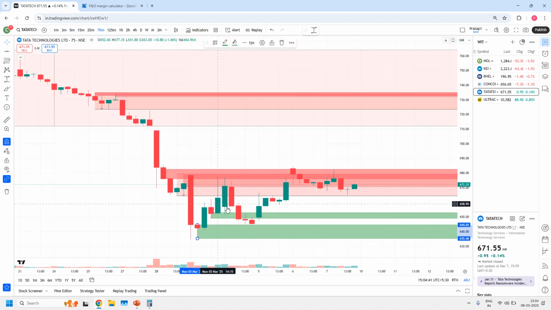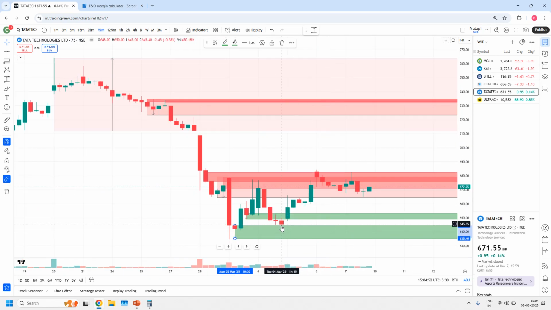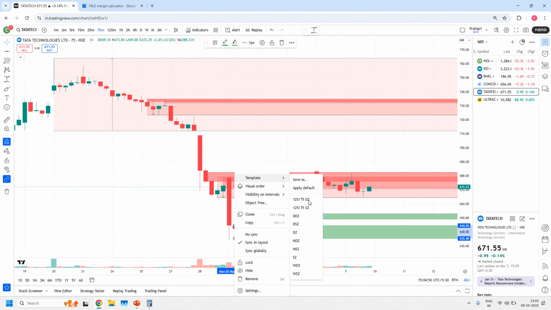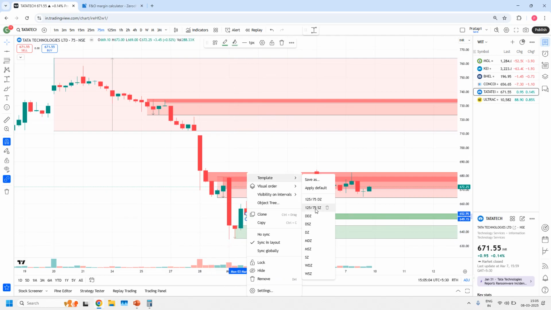Your 75 minutes target, it reached here in this candle. Just slightly, maybe it touched or maybe slightly before it started moving. Okay, fine. It has reached the target. This is the 75 minutes target, and this one is a 15 minutes target.